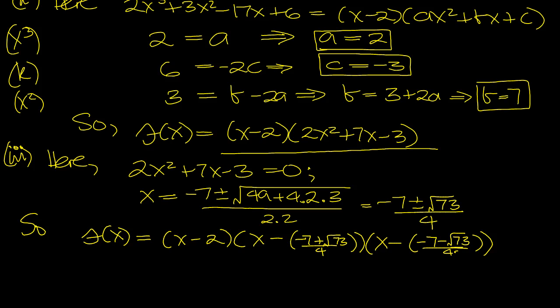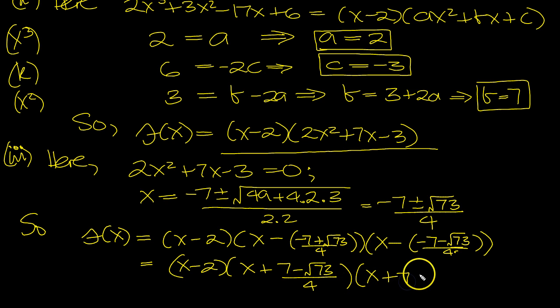So we can tidy that up. x minus 2, x, we could run the minus through, plus 7 minus root 73 over 4. And this would be x plus 7, this was a minus and a minus, plus root 73 over 4.